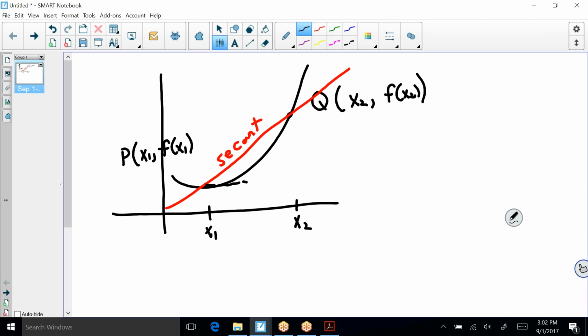So the way that we find a slope of a line is going to be the change of our y values divided by the change of our x values. So here's going to be our change of our y, and here's going to be our change of our x values. So this is where the formula above comes from. So we know that the slope, delta y over delta x, oops, let me fix that delta there.